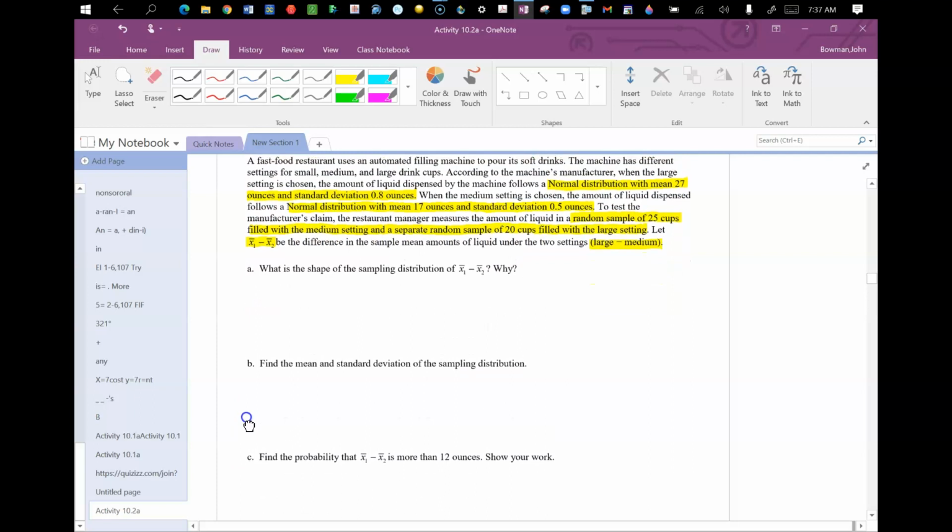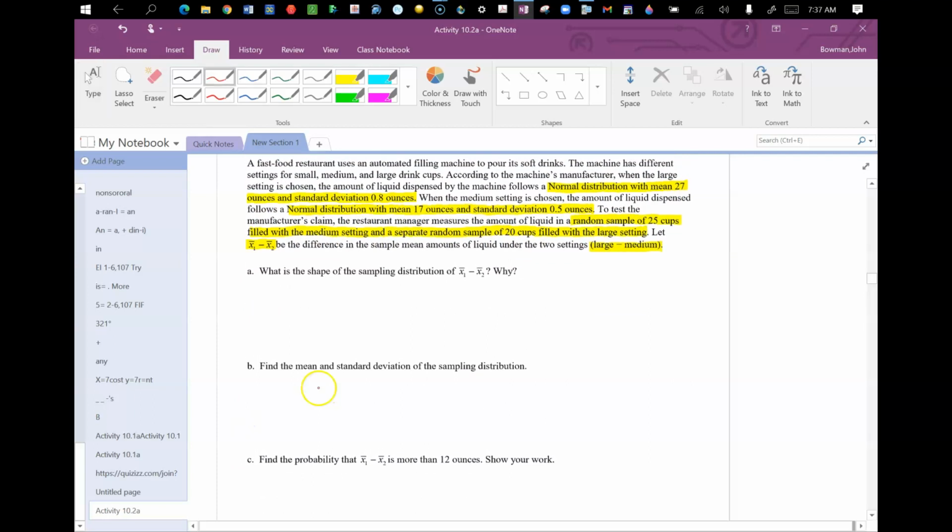Find the mean and the standard deviation of the sampling distribution. So the mean would be mu L minus mu M, large minus medium, and that is going to be 27 minus 17, which is equal to 10.